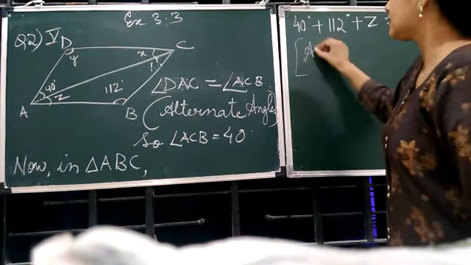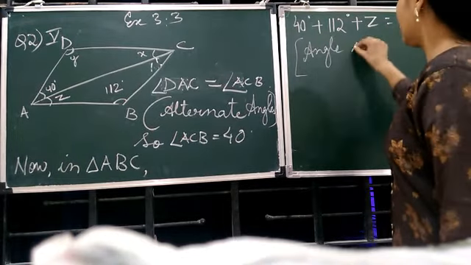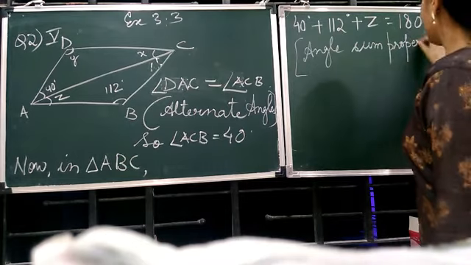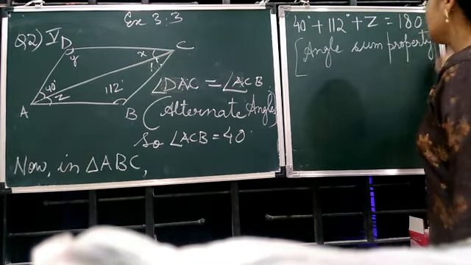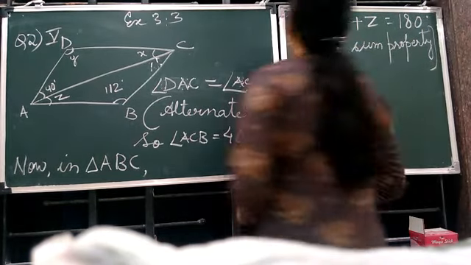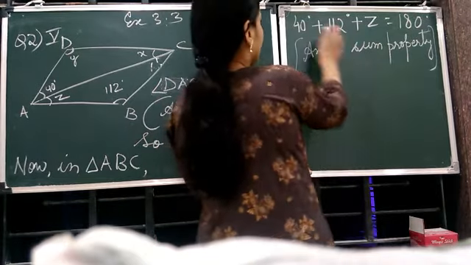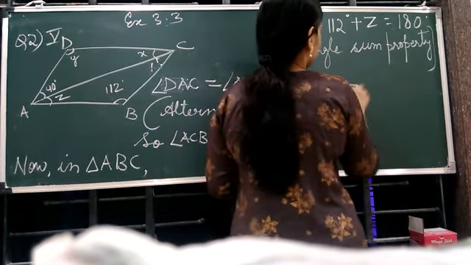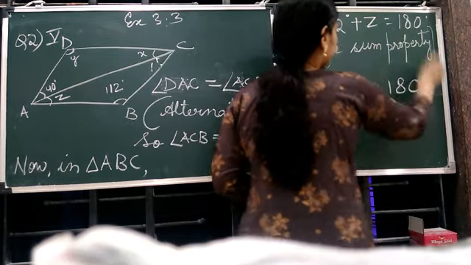How? Angle sum property. Now we add 40 degree and 112. So what do we get? It is 152 degrees plus Z is equal to 180 degree.